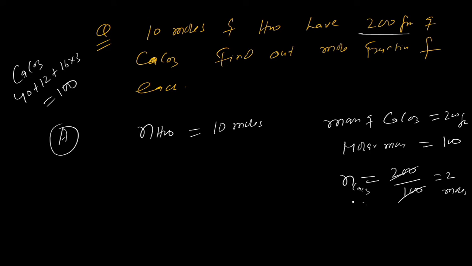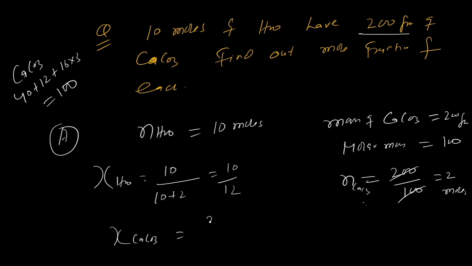Now you can solve the further part of this question the same way. The mole fraction of H2O is equal to the number of moles of H2O upon the total number of moles, and the mole fraction of calcium carbonate is equal to the number of moles of calcium carbonate divided by the total number of moles, so 2 upon 12. So this is the way to solve questions related to mole fraction.